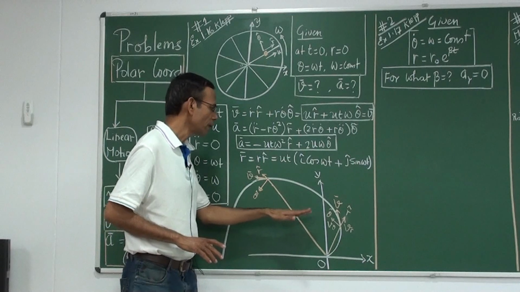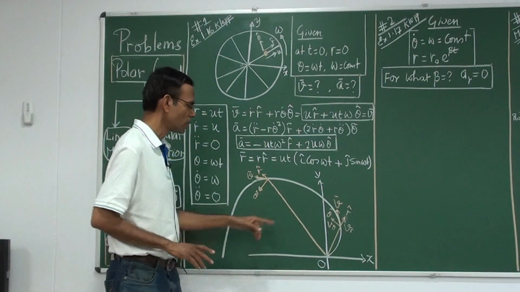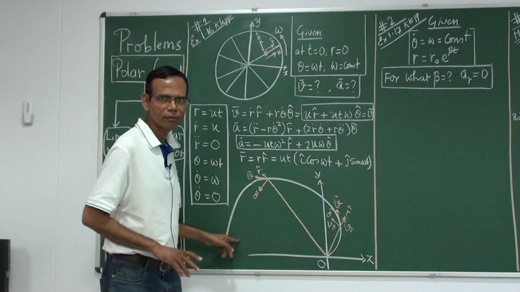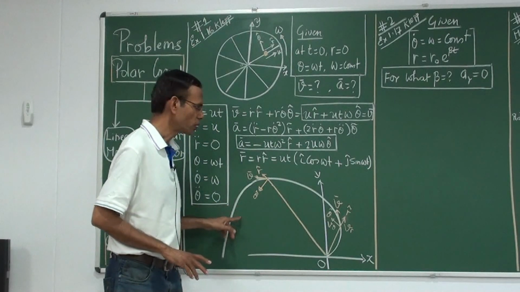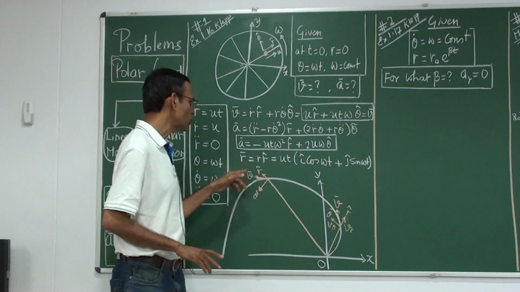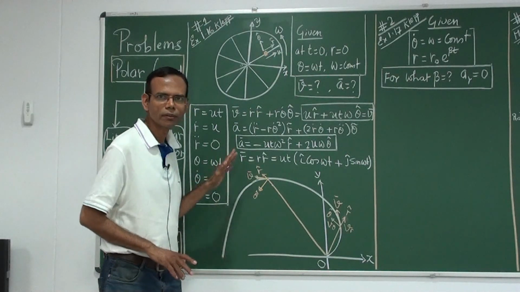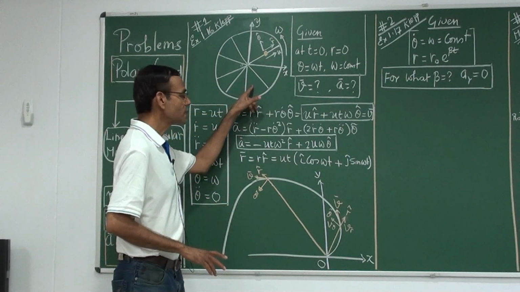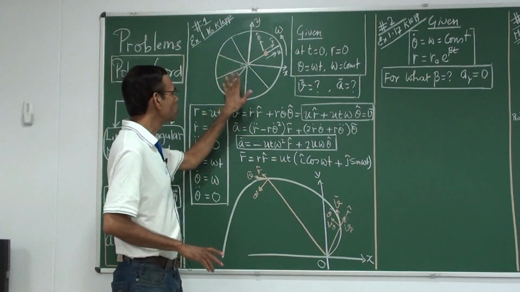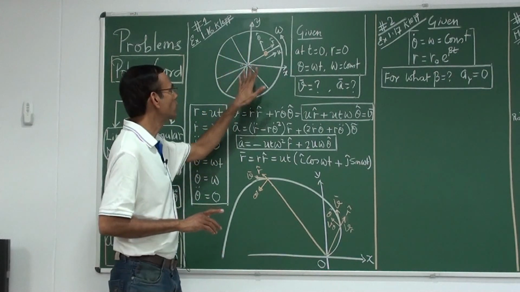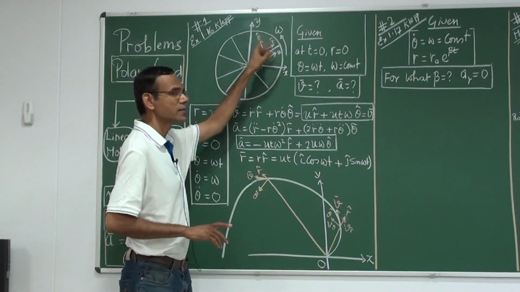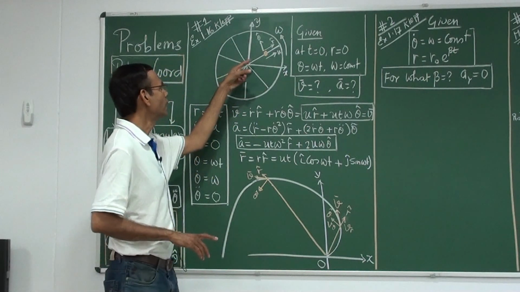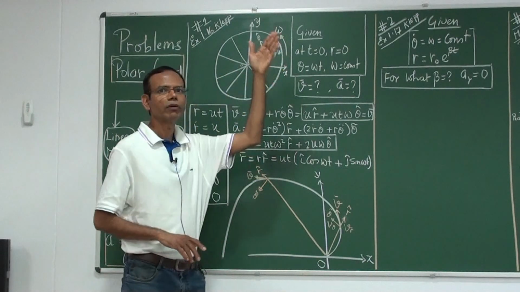Now as you can see, in an inertial frame of reference, we can plot exactly the path of the particle. The exact path of the particle is known, and at every point we can calculate the Vr and V theta and the V. So this system is totally an inertial system, whereas this is not, because in a non-inertial rotating frame, suppose this frame is rotating with angular velocity omega, same velocity as this wheel, then in that frame we will see that this particular particle is going away from the center.